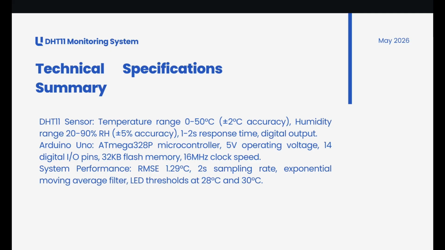Arduino Uno has an ATmega328P microcontroller, 5-volt operating voltage, 14 digital pins, 32 kilobyte flash memory, and 16 megahertz clock speed. System performance: RMSE 1.29 degrees Celsius, 2-second sampling rate, exponential moving average filter, LED threshold at 28 and 30 degrees.